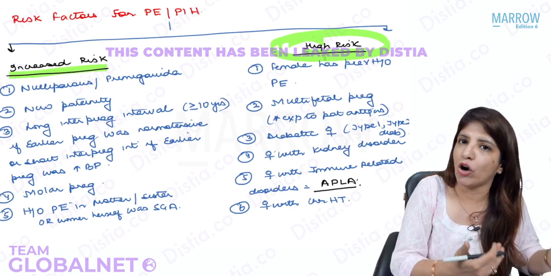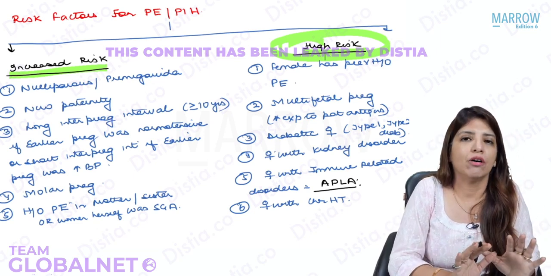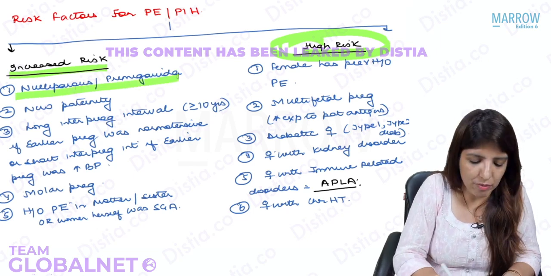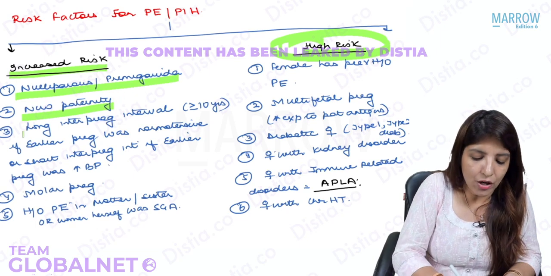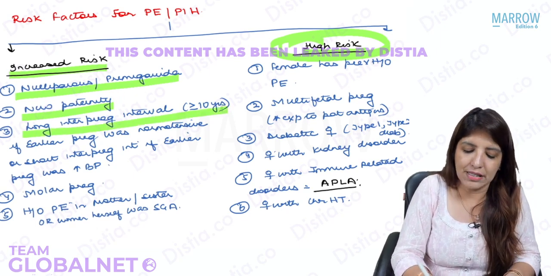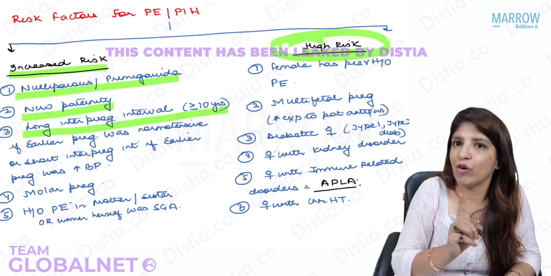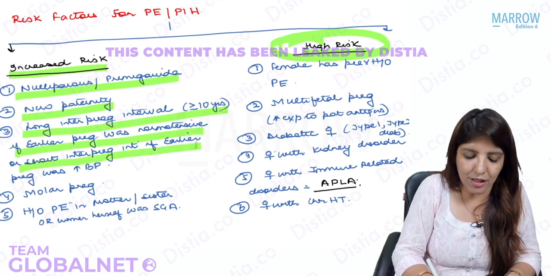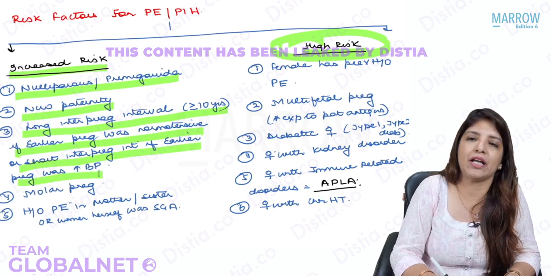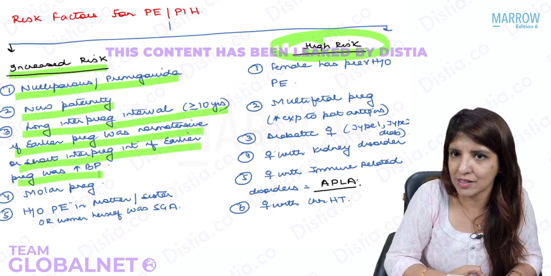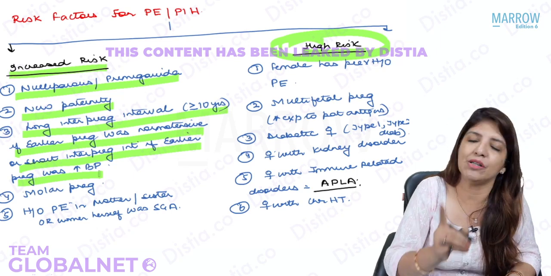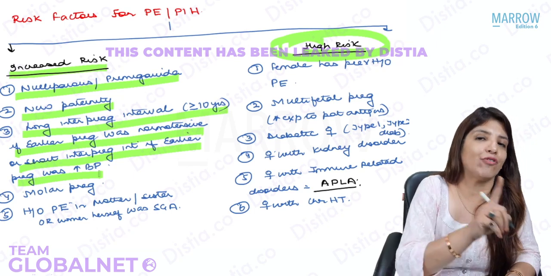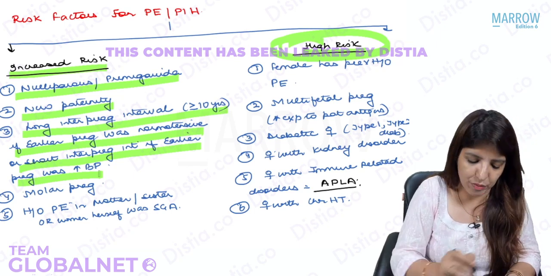So based on our previous discussion, the risk factors for PIH are nulliparous or primigravida females, new paternity, long interpregnancy interval of more than or equal to 10 years if the earlier pregnancy was normotensive, and short interpregnancy interval if the earlier pregnancy was a hypertensive pregnancy.